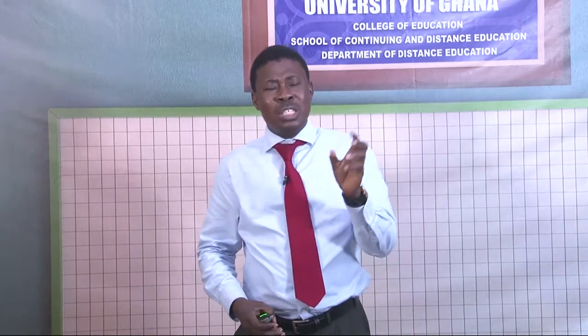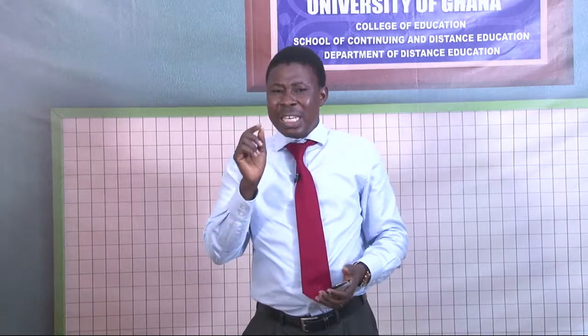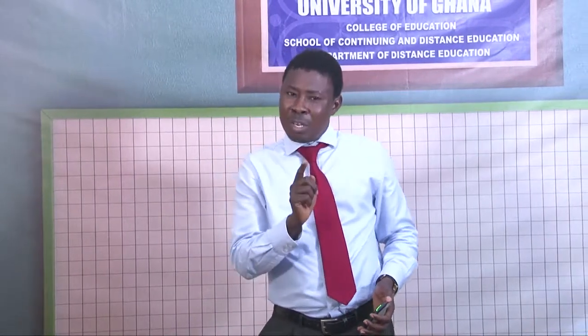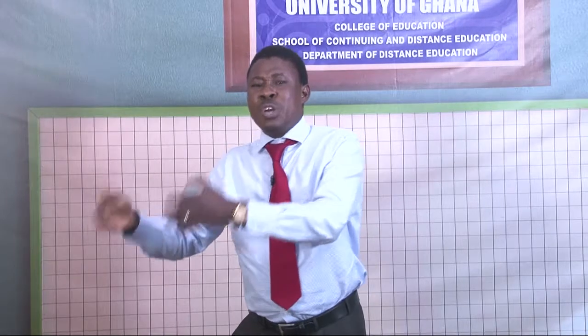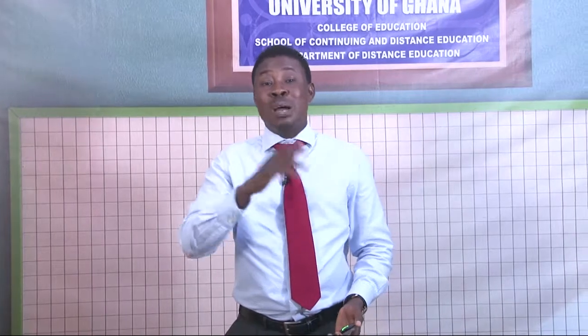Now, NGOs don't just put these values and beliefs on their websites and in their documents. They are expected to be guided by them. So when you start forming your NGO, I'm not expecting you to put a lot of lofty things there that you cannot do. I will be expecting you to put things there that will guide the way you behave. So if you say you are an organization that believes in equity, or for example, you believe that all human beings are equal, then you should not treat women separately from how you treat men.